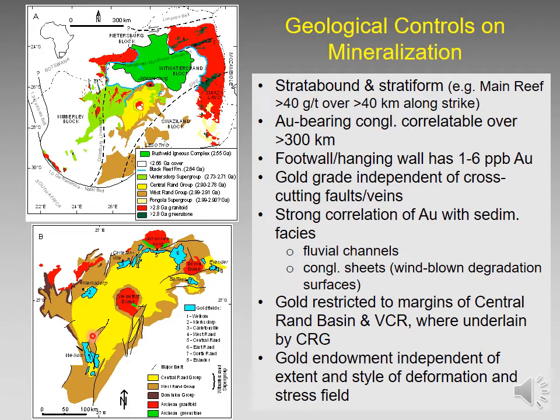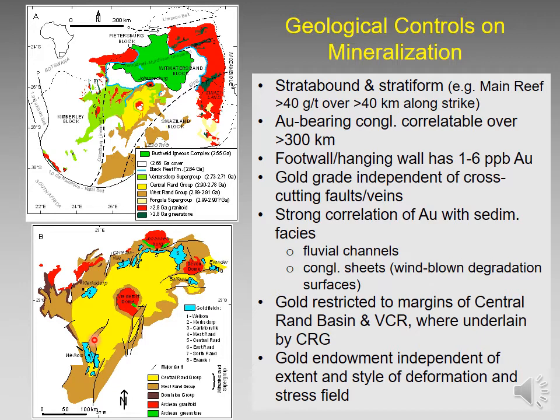But the fact that within the Central Rand group we find gold only around the margin, that alone tells us something, that the sedimentary facies along that margin was particularly prone to be mineralized with gold. As far as the VCR is concerned, let's bear in mind that the VCR is rich in gold only in those areas where the VCR is underlain by gold-bearing Central Rand group sedimentary rocks.